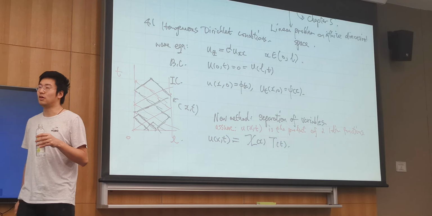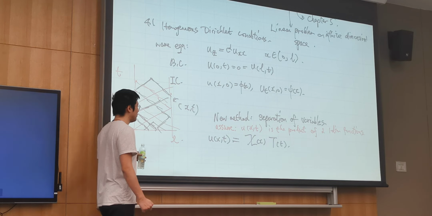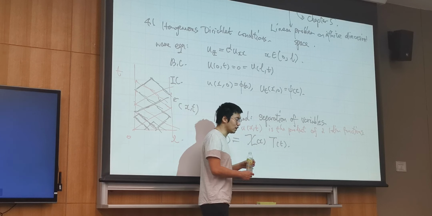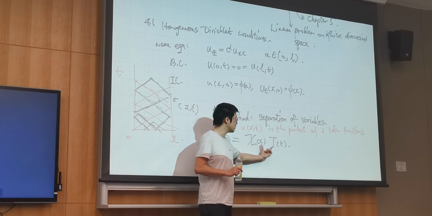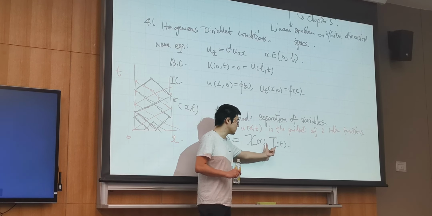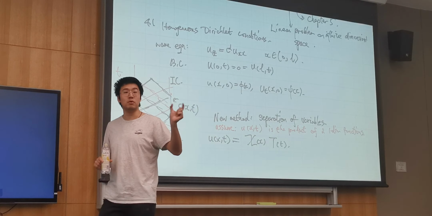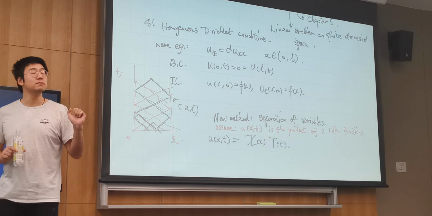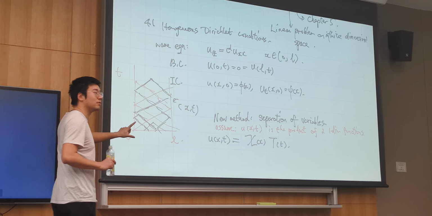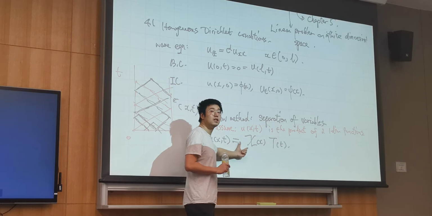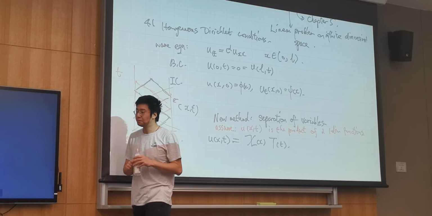The fact that u(x,t) can be written as a product of two marginal distributions, one only about x and another only about t, means that these two random variables are completely independent. These are the same arguments.